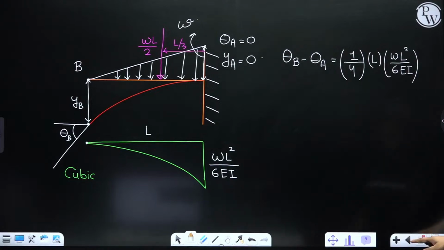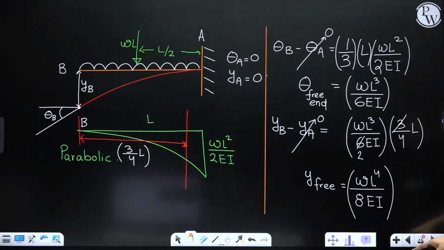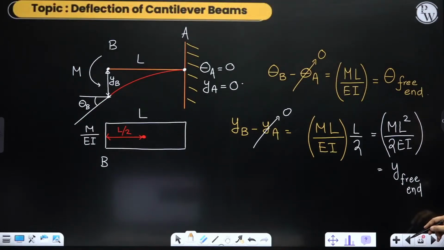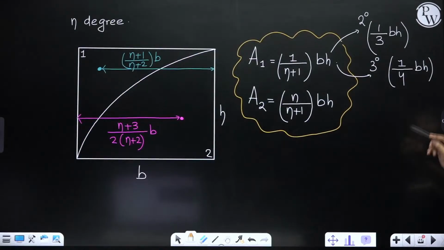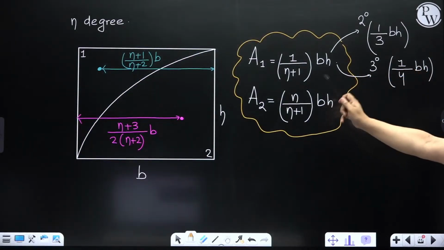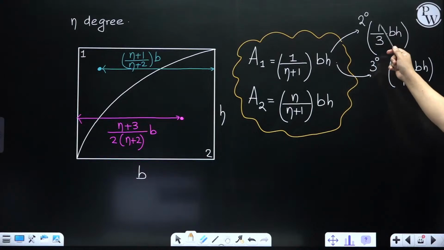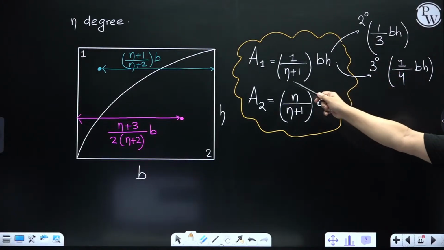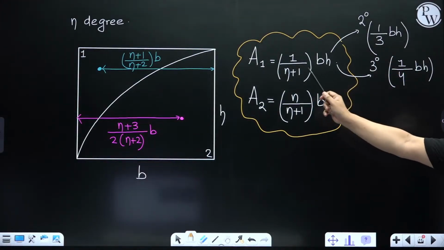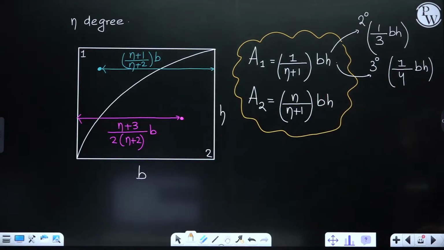Because of this formula which I have told here. Small things are very important to remember these equations. It is 1 by n plus 1 BH: for parabolic, 2 degree, 1 by 2 plus 1; for 3 degree, 3 plus 1, so 1 by 4 into BH.